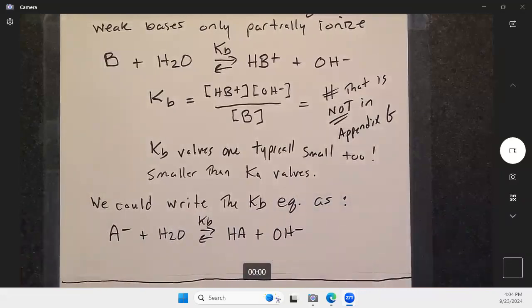And we'll end up doing that a lot in this module, where we'll use the conjugate base form, right? So sometimes the book uses this B notation, right? You'll see it come up again and again. And sometimes we can just use the A minus HA notation, but it's the same reaction. The same thing is happening, right? B is acting as a weak base, water protonates it, right? And A minus is acting as a weak base and water protonates it. It's the same thing.